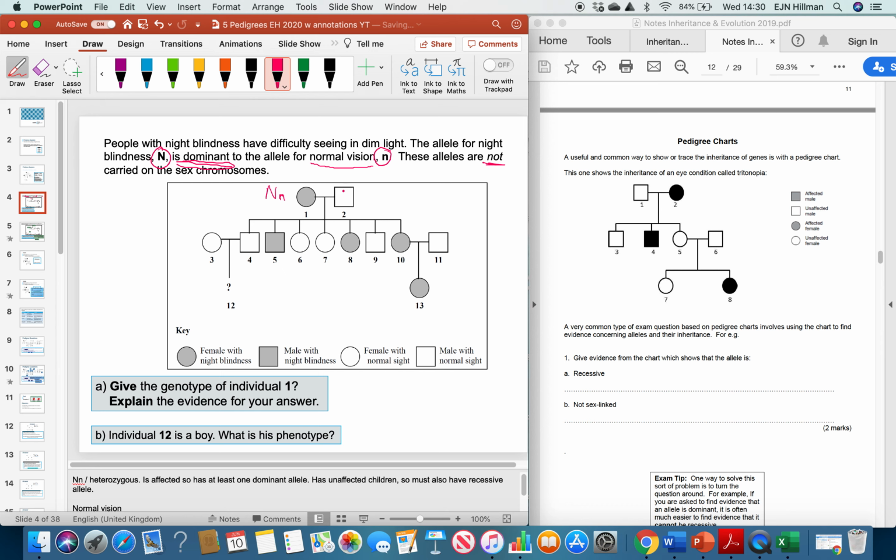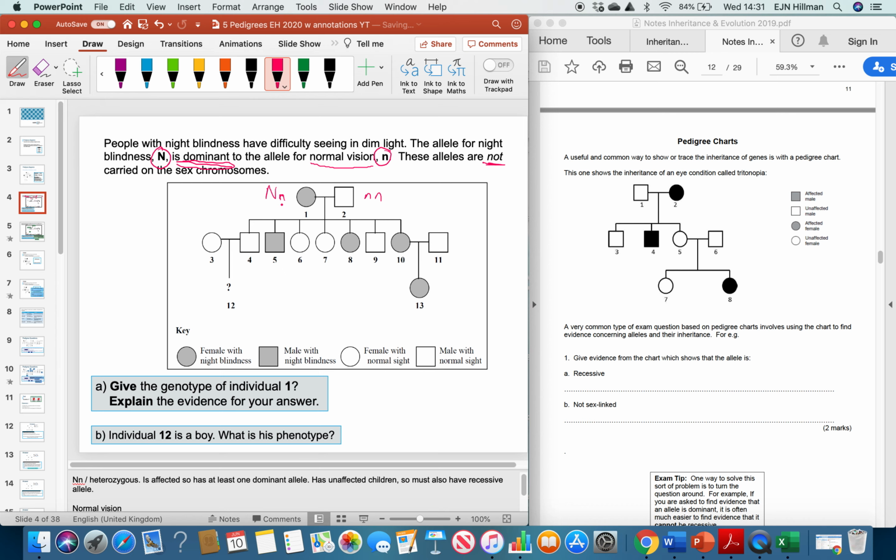Number 2, he's a male, the father. As this is caused by a dominant allele, we know that he must therefore be homozygous recessive. So, give the genotype of individual number 1 and explain your answer.